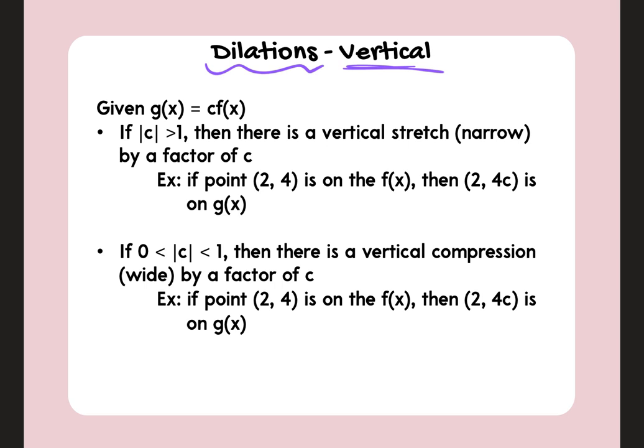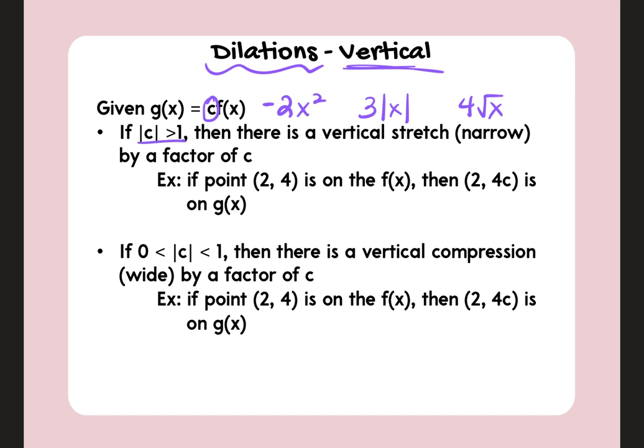And it occurs when you have something multiplied on the front of your function. So if I had 2x squared, or 3 absolute value x, or 4 square root x, those are all vertical stretches if the number that's there is bigger than 1, and we ignore the sign. Notice it says absolute value, because a negative does not impact my dilation. The negative on the front does what?